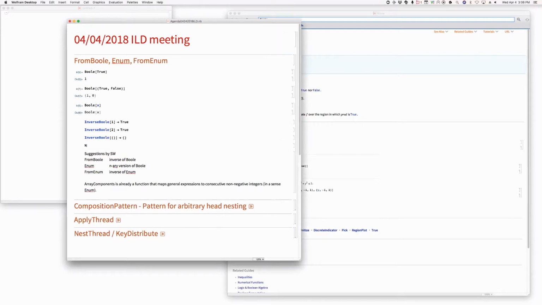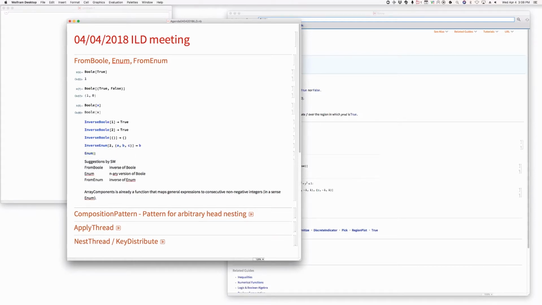This is a bad name for it, but you say 2, and then the enumeration is A, B, and C. This is kind of a stupid function because that is really just List sub 2, basically, which would give B. No, that's the inverse enum, I guess. The other case is the enum analog, which would be something like B, comma, ABC. Am I making sense? And that would give 2.